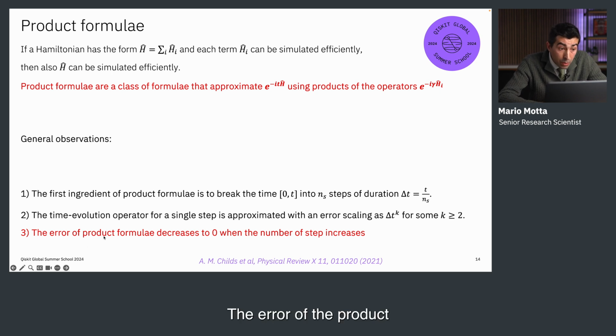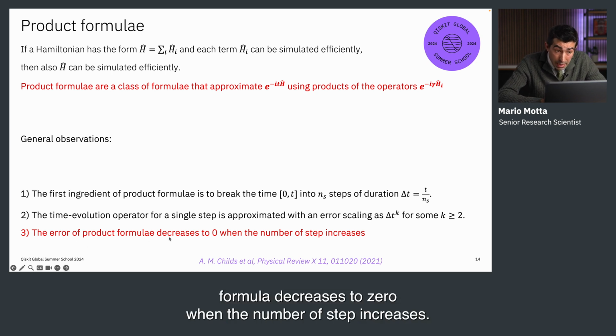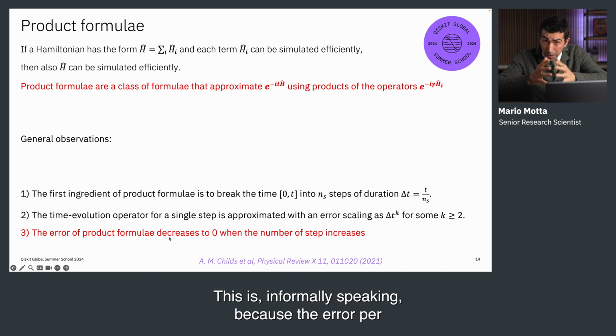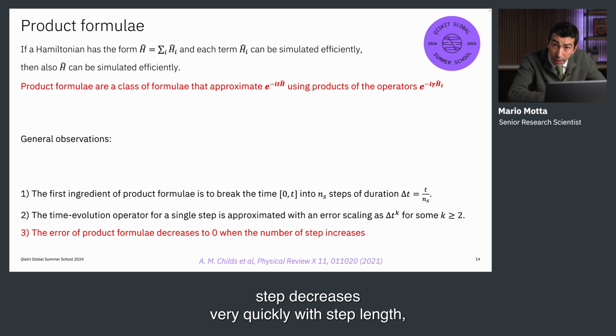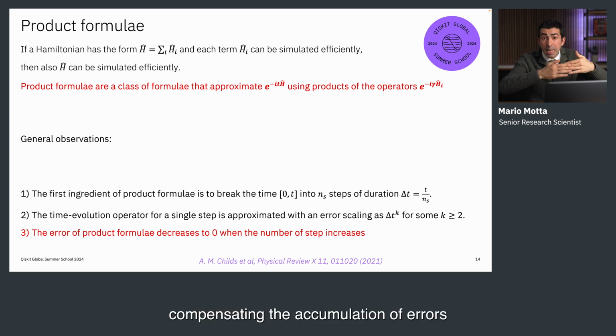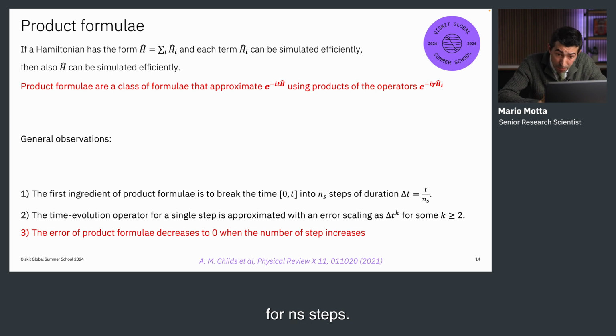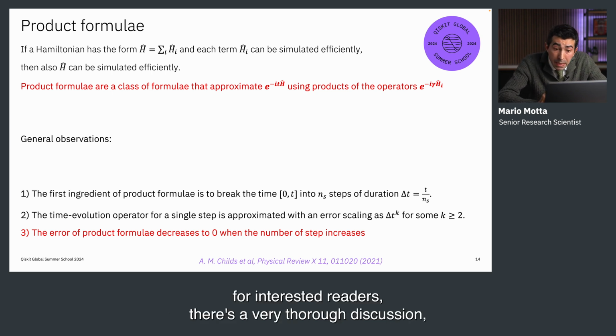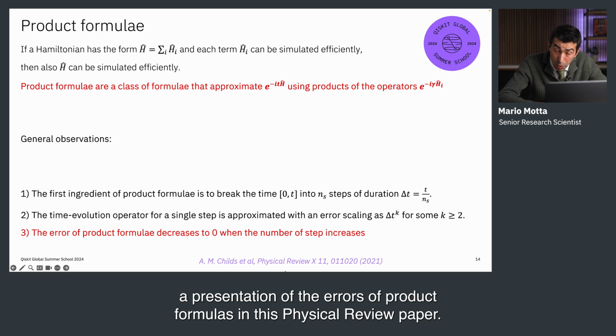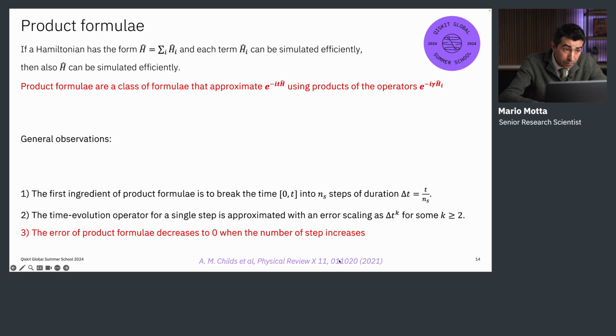And the error of the product formula decreases to 0 when the number of steps increases. This is, informally speaking, because the error per step decreases very quickly with step length, compensating the accumulation of errors for n_s steps. For interested readers, there's a very thorough discussion and presentation of the errors of product formulas in this Physical Review X paper.